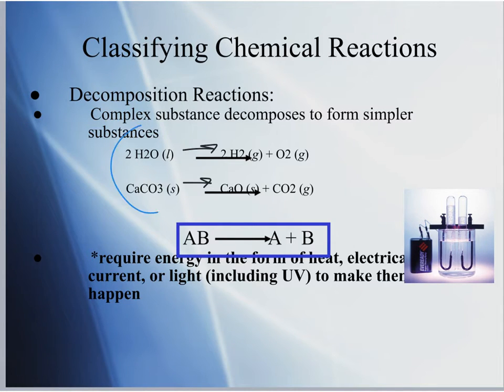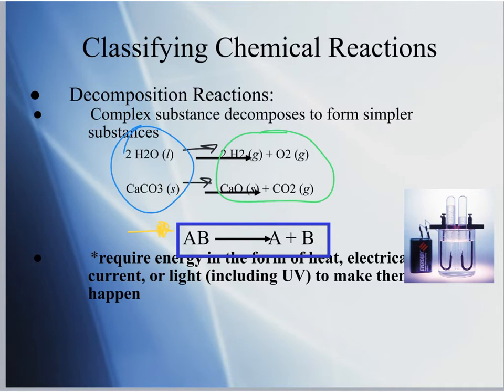So here we've got one reactant, and we've got two or more products being made on the right. The general scheme is this: we have AB starting together, and that breaks apart into atom A and atom B separated.